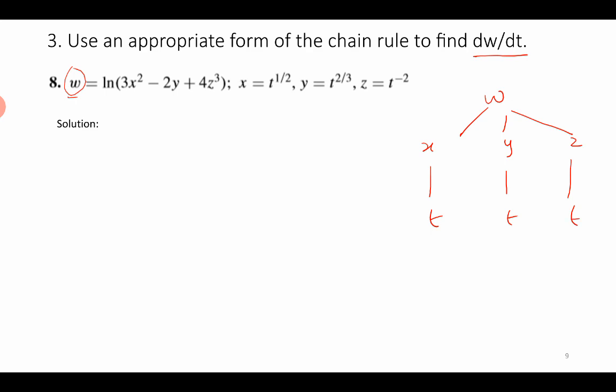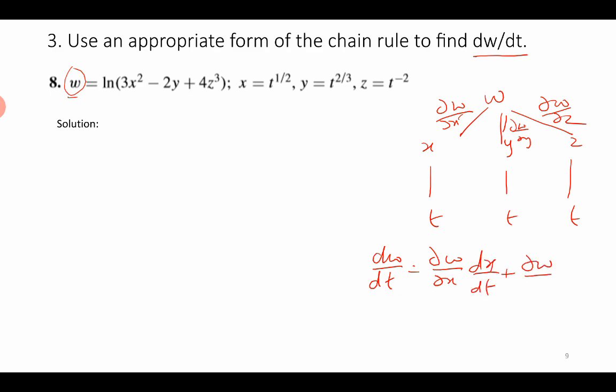So you can write this formula: dw by dt is dou w by dou x dx by dt, dou w by dou y dy by dt, the third term dou w by dou z and dz by dt. Find the terms from the given equation and simplify. I'll leave this problem to you.